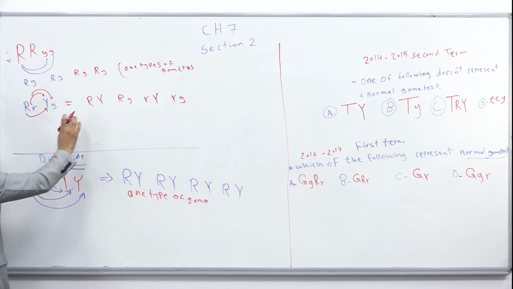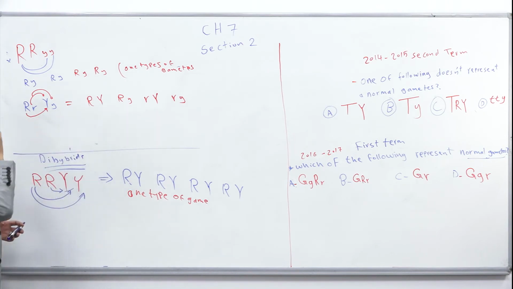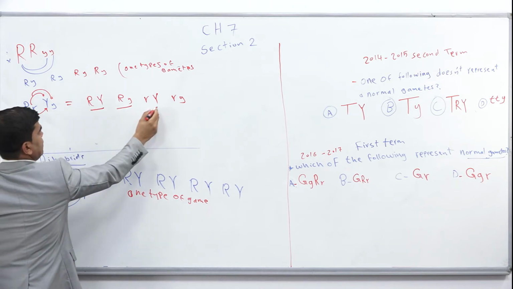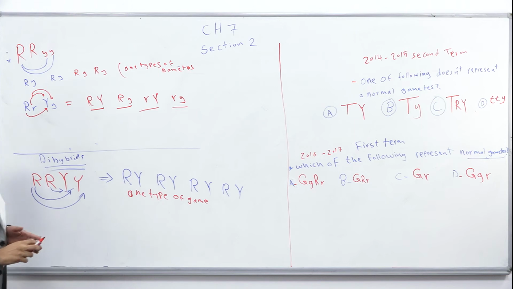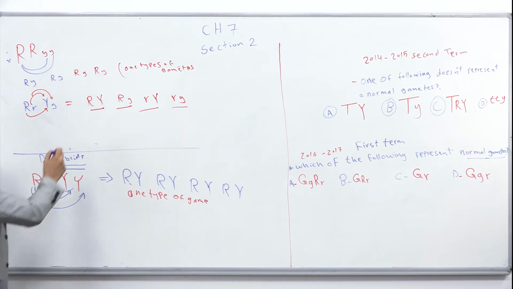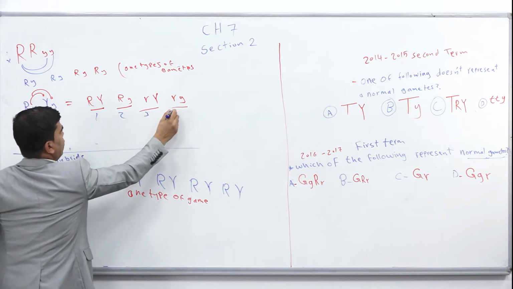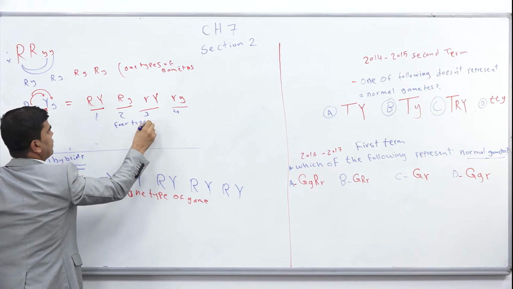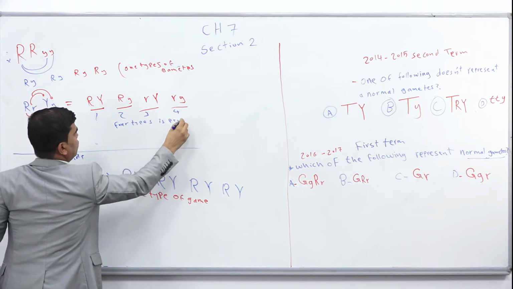How many different gametes are produced? This is different, this is different. All of them are different gametes. So 4 gametes are produced. But how many types? 4 types: 1 type, 2 types, 3 types, 4 types. So 4 types are produced.